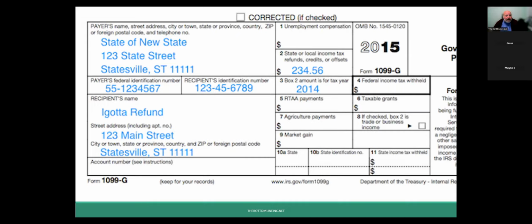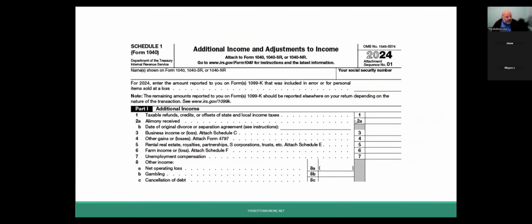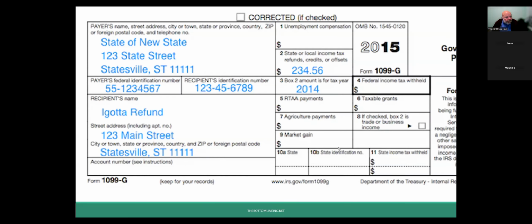So for that refund, we have to ask the taxpayer if they itemized in 2014. If they itemized, it's taxable. If they did not itemize, then it is not taxable. Down here further is where your state and local refunds will go.